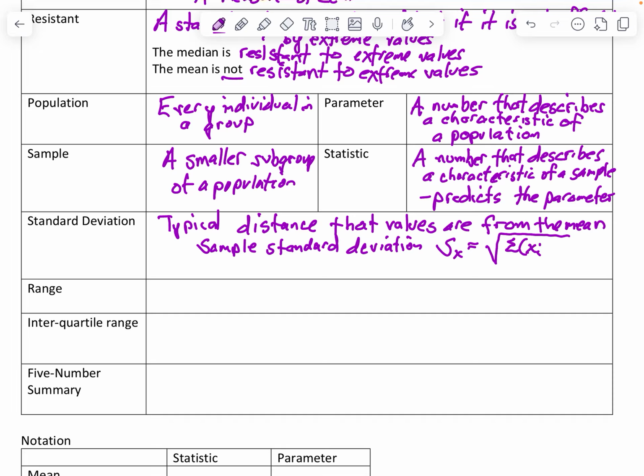X sub i is a value, like if we're taking height of students, it's a specific individual's height. Subtract the mean, add all of those up. When you square it, squaring makes them positive, and then divide that by n minus 1. Where that formula comes from and how it's used will be in a different discussion, but just so you know, standard deviation is a measure of variability.